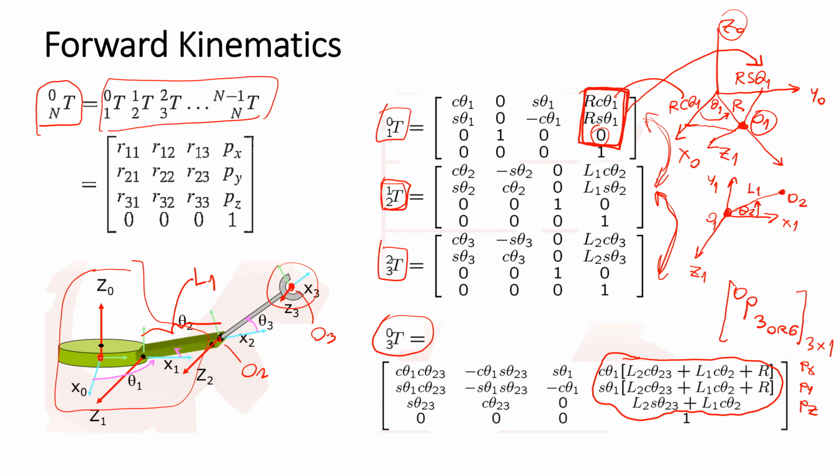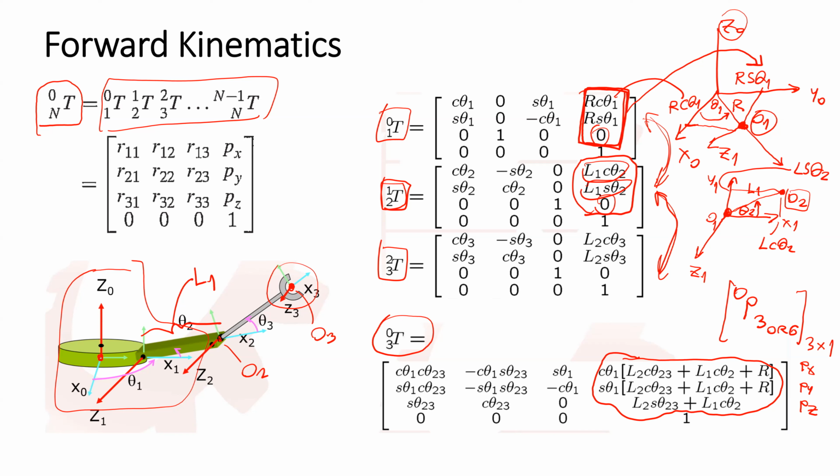When we write the origin of frame 2 with respect to frame 1, we have L cosine theta 2, we have L sine theta 2 for the y component, and the origin of frame 2 has 0 in the z component of frame 1.